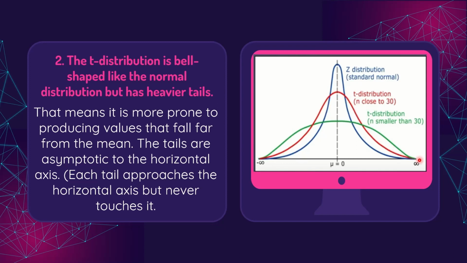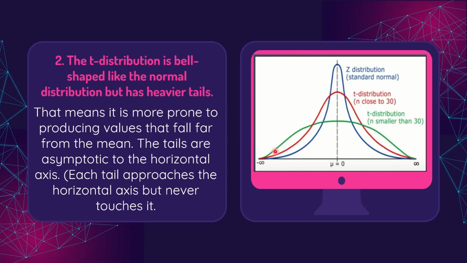So parang pa-bigger na siya, no? Papalaki na siya. And the T distribution for N smaller than 30 will look like this one. Kaya nga siya, di ba, parang heavier tails, parang nakabuka siya ng malaki.